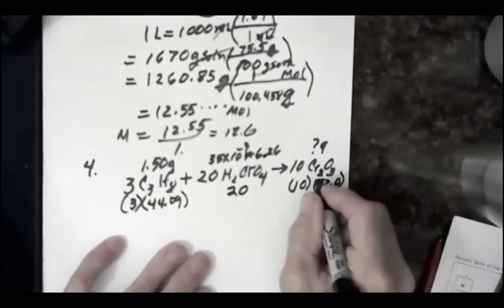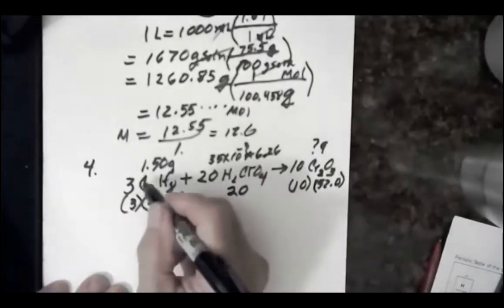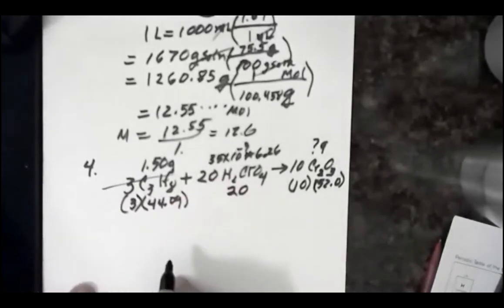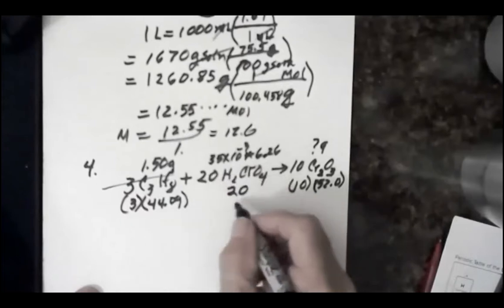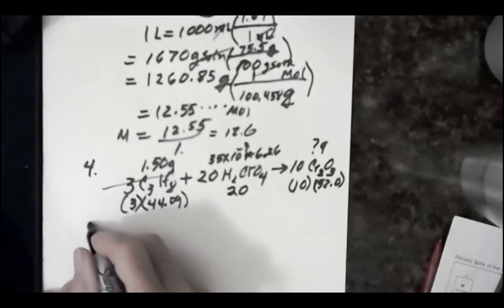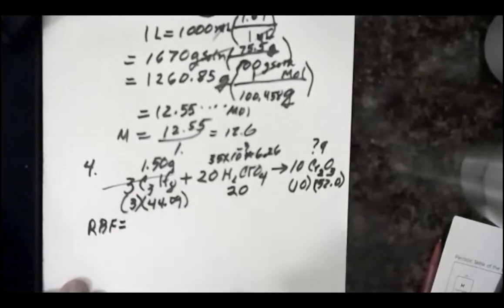See, now working the problems like this, I've got everything set up so it's really easy. What I've got here is this number divided by this one is my rebalancing factor based on propane. This divided by this is the rebalancing factor based on chromic acid. So I'll have 2 rebalancing factors. Let's calculate what they would be.